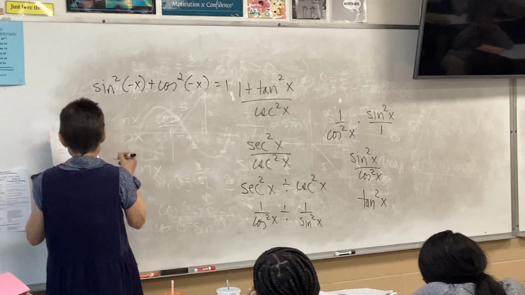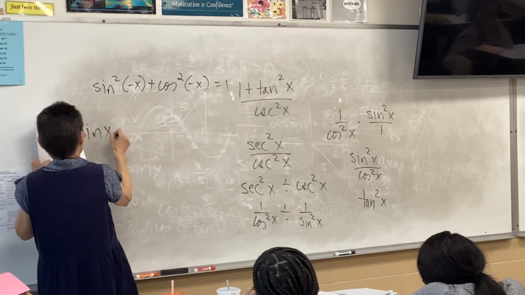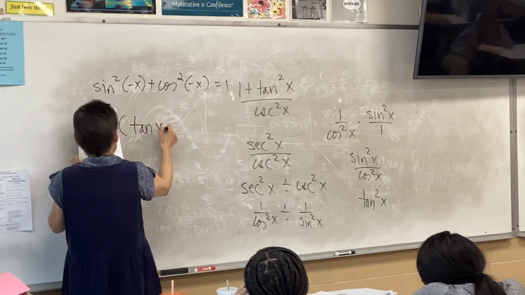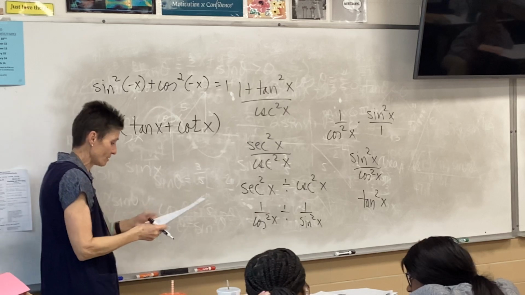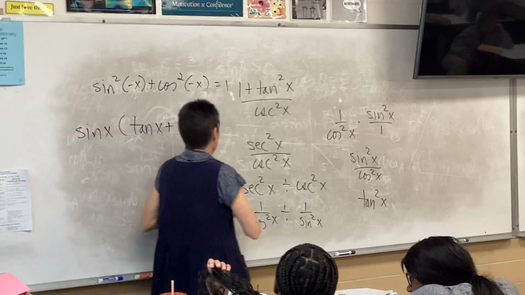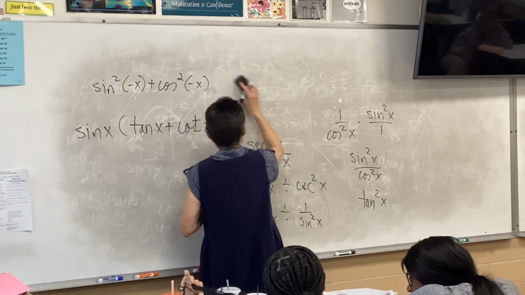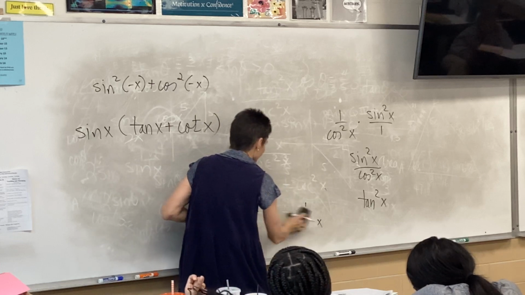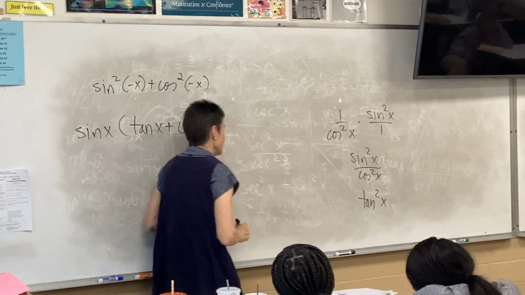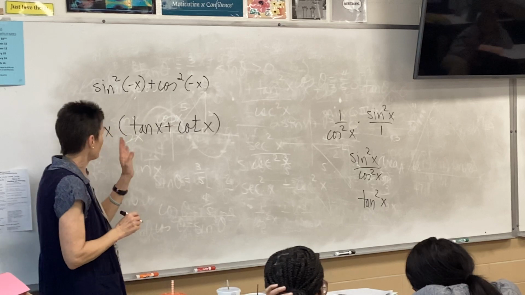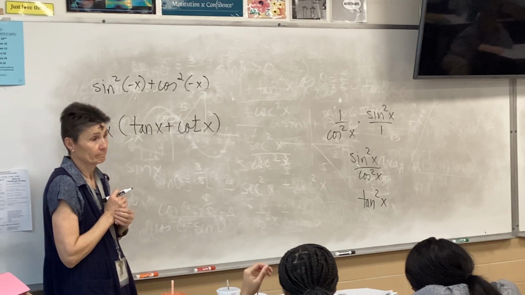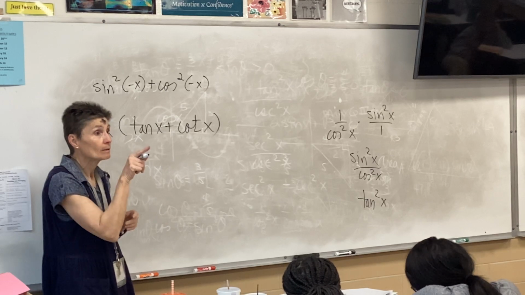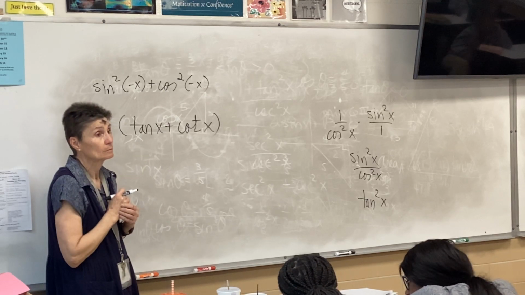All right, that was easy. Any thought about this one? Today's day 1, you're just getting started. These can be a little tricky. But think about what we've done on our other problems. What do you think might be something that we could do here? Turn it into sine over cosine.